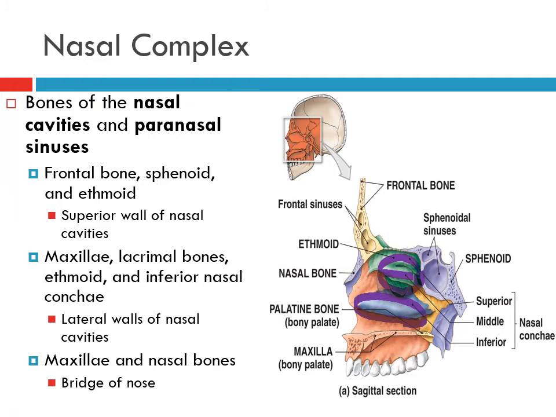Those all work together to create turbulence, to warm and humidify that air, and to trap bacteria in their mucous membranes. You can also see the bony palate here and how the anterior 2/3 is made up of the maxilla, and then the posterior 1/3 is made up of the horizontal plate of the palatine bone.